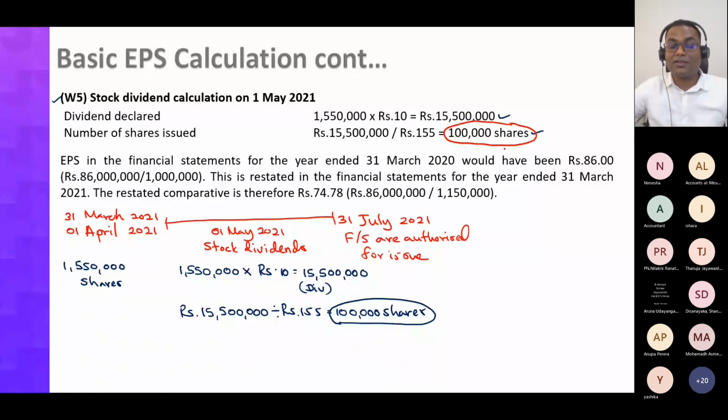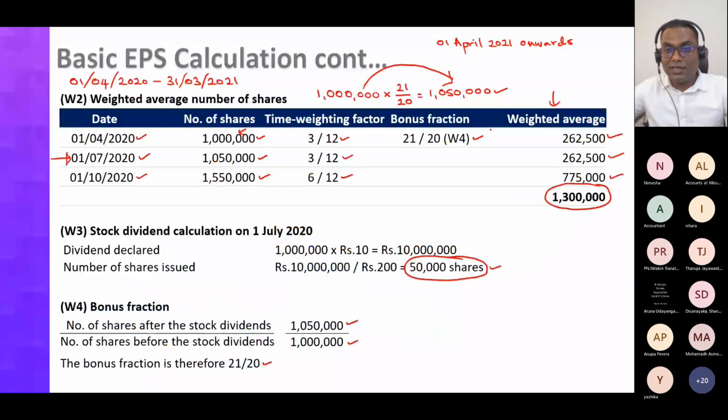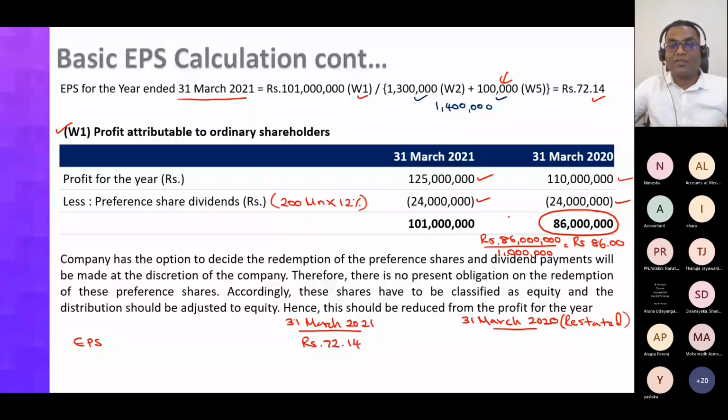So this also has to be adjusted retrospectively. So this 100,000, which you looked at earlier, was considered in the computation of the current year EPS, 31st March 2021. So this 100,000 you have to take not only for 31st March 2021, but even the prior year, 31st March 2020.